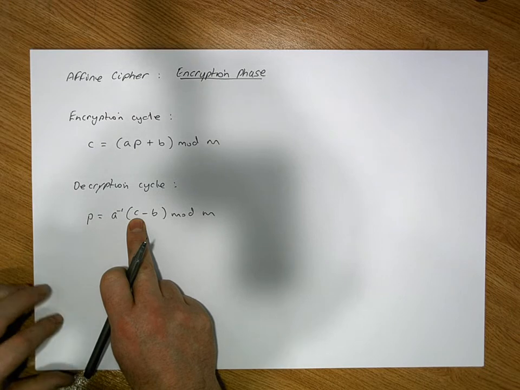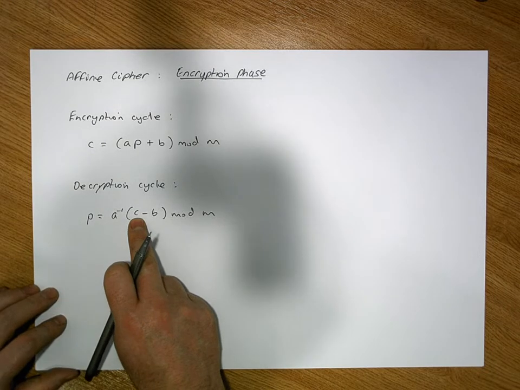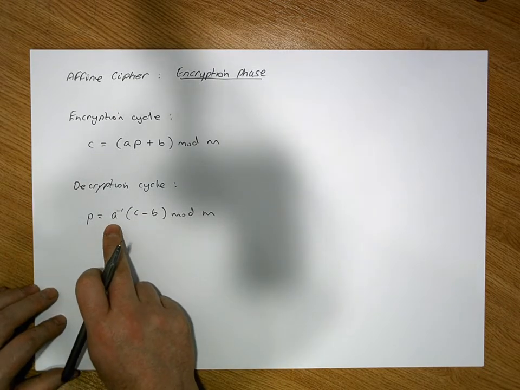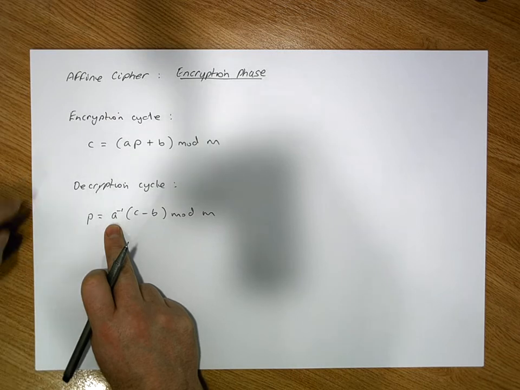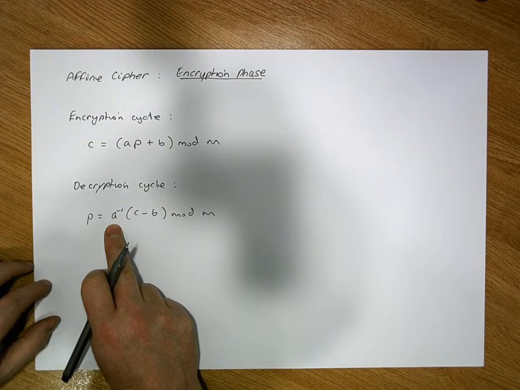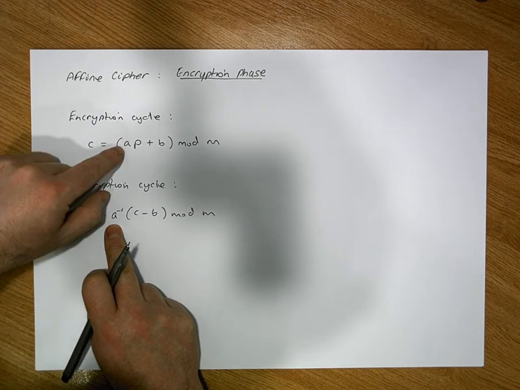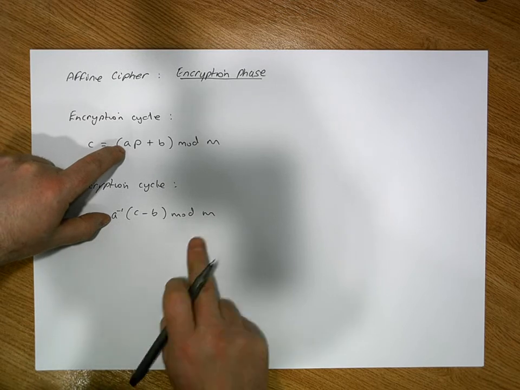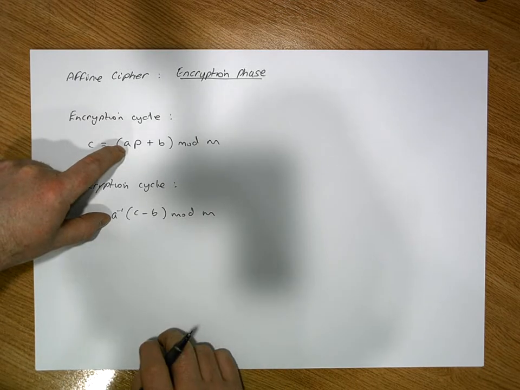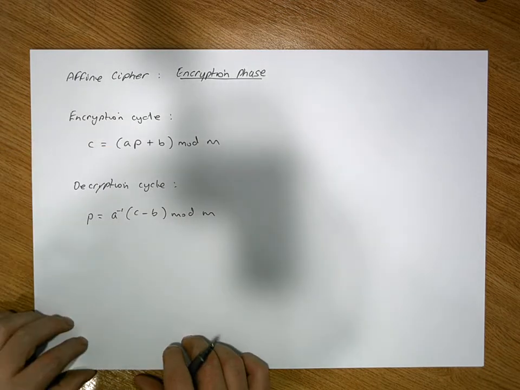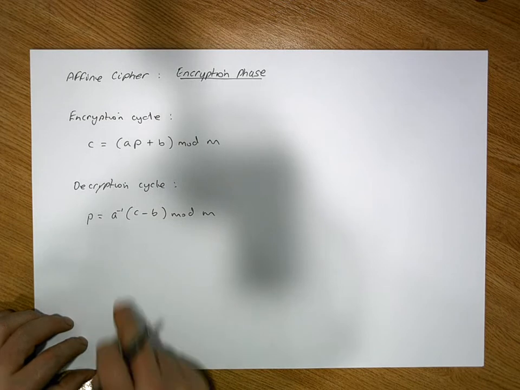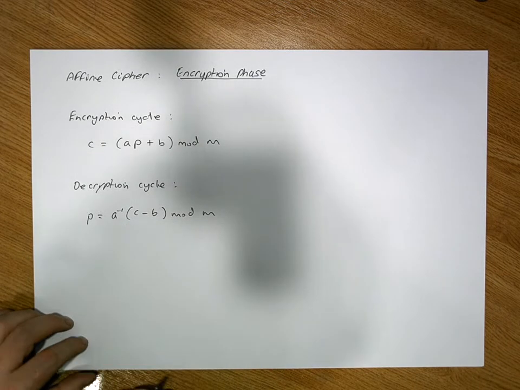More importantly, A inverse is the multiplicative inverse of A in the group modulo m. That's a little bit complicated, but we'll come back to how we calculate this special value when we get to the decryption cycle.